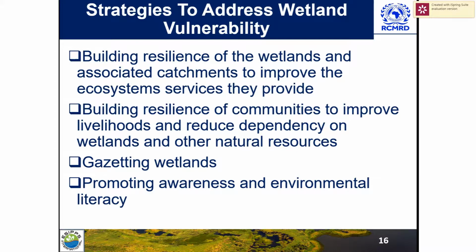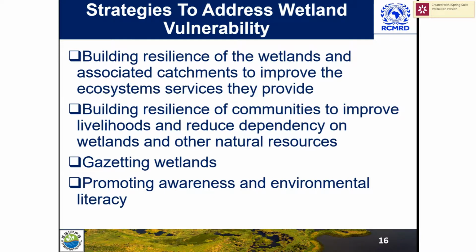The second strategy could be building resilience of communities to improve livelihoods and reduce dependency on wetlands and other natural resources. Now, this works well in rural areas, but in urban areas, it also varies with the level of development in that country.